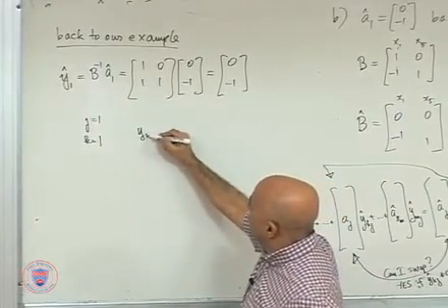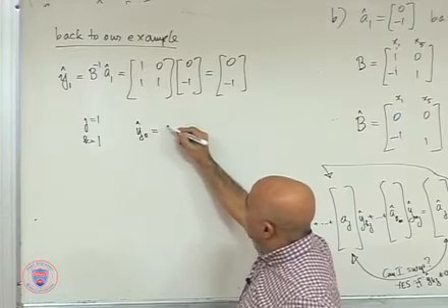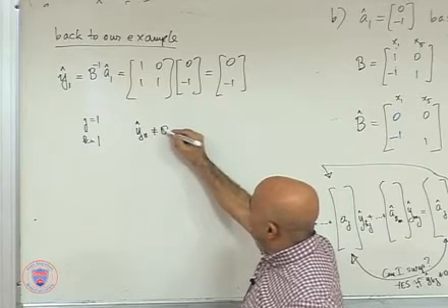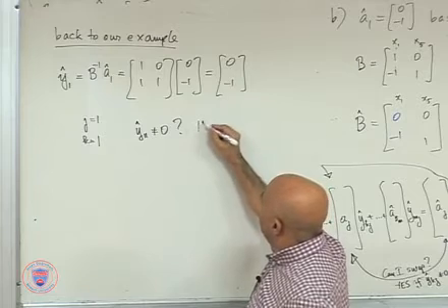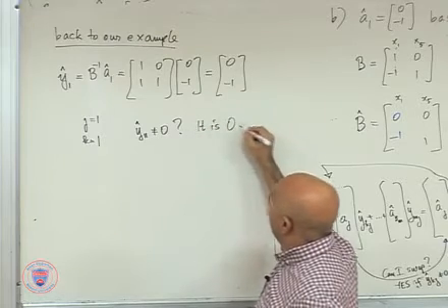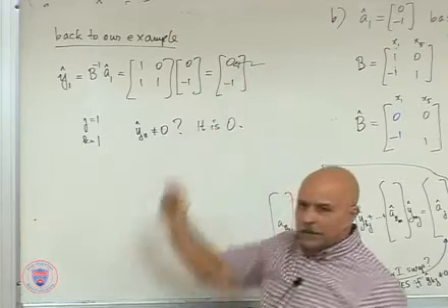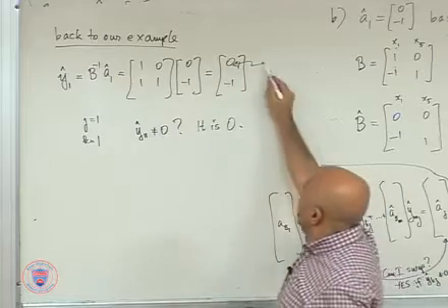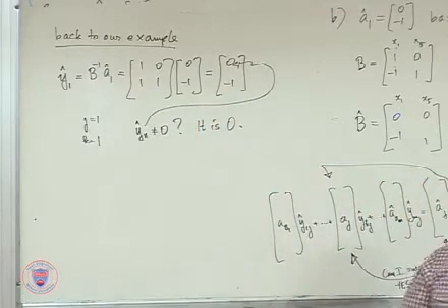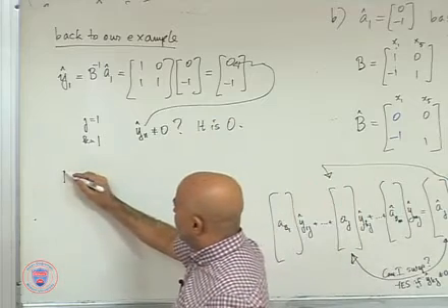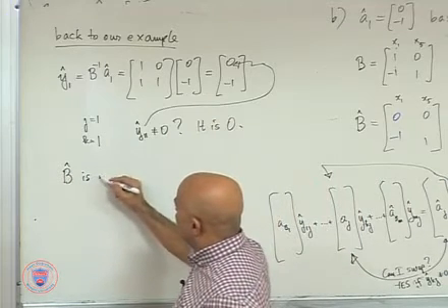So I'm looking at y1,1. And the question is, is it non-zero or not? It is 0. This is the value you're looking at. So that is equal to 0. So B cap is not a basis.